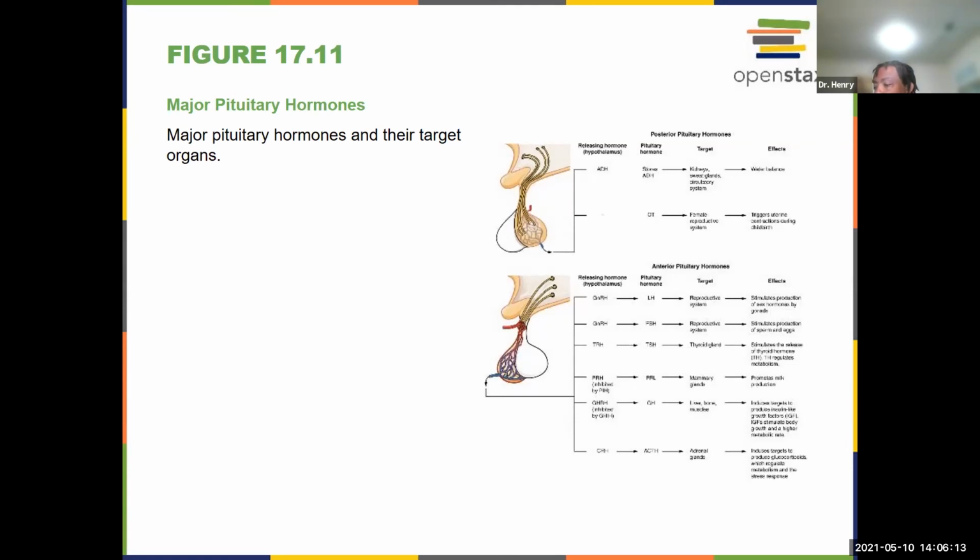Then we have the thyroid releasing hormone. That is going to stimulate the TSH, which is the thyroid stimulating hormone. The target of that is going to be the thyroid.